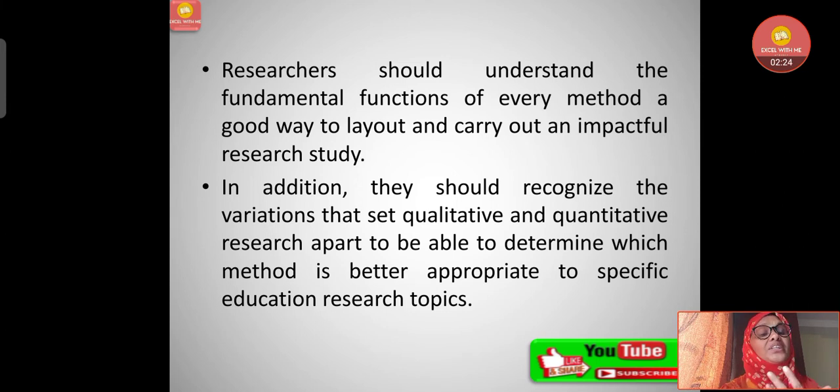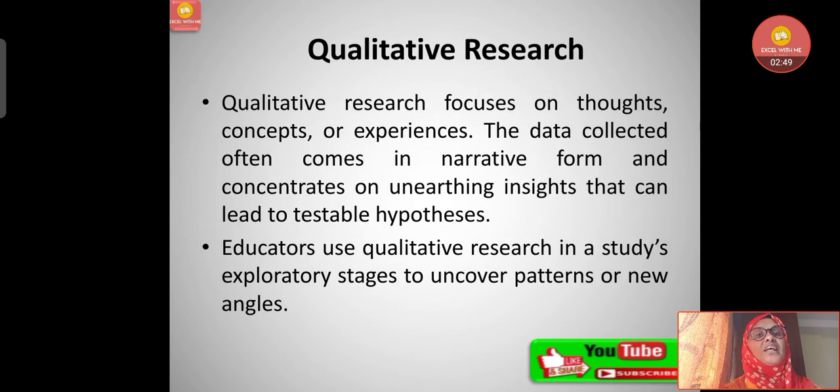So the researcher should recognize the variation between qualitative and quantitative research so that they will be able to determine which method to apply for better understanding of the study. For specific education research topics, specific approaches should be followed. So, let's understand qualitative research in detail.